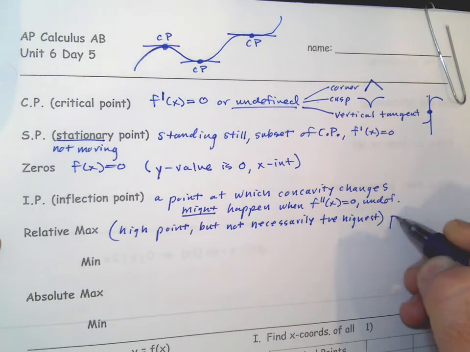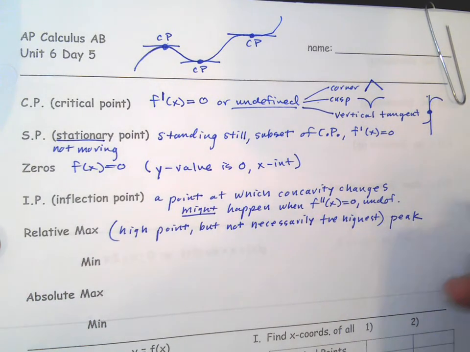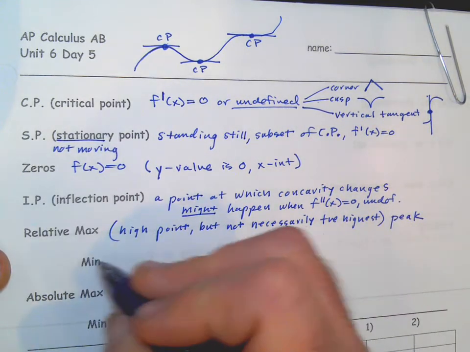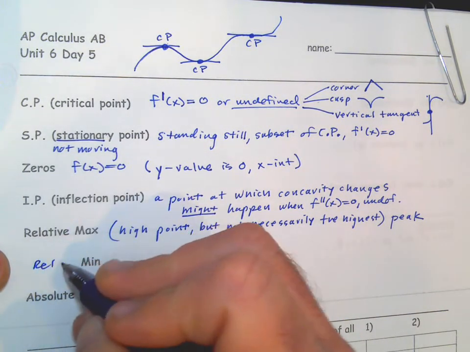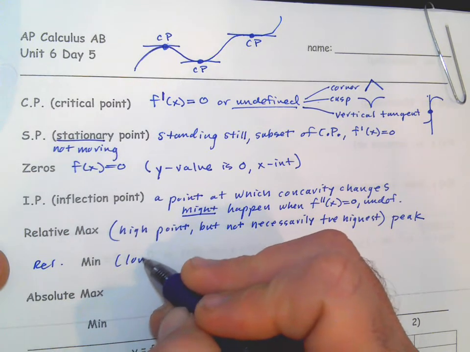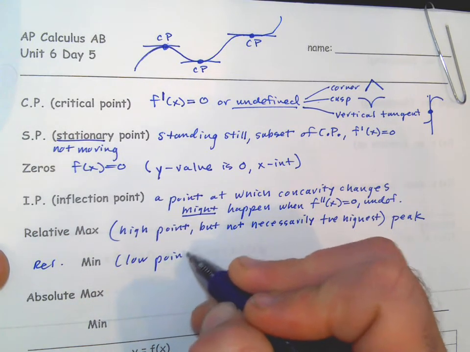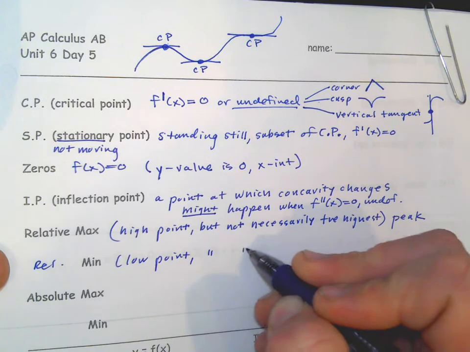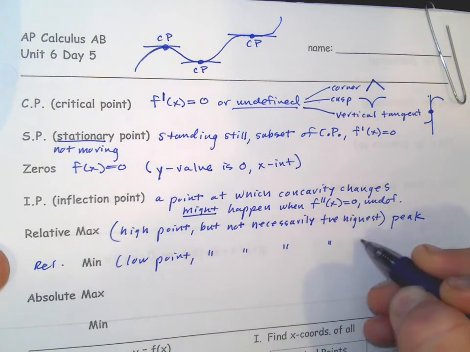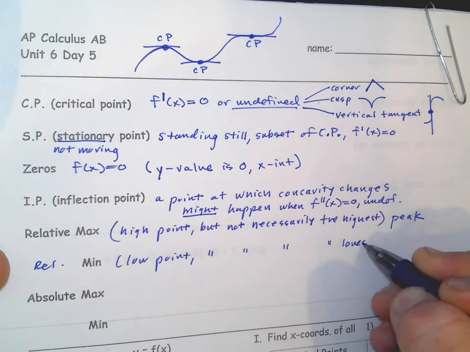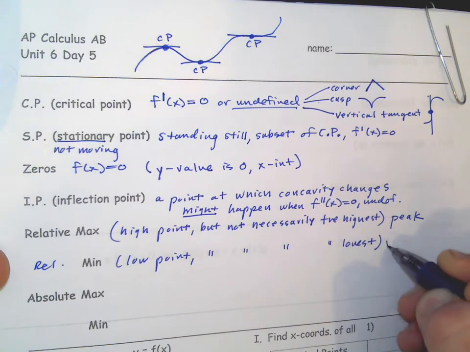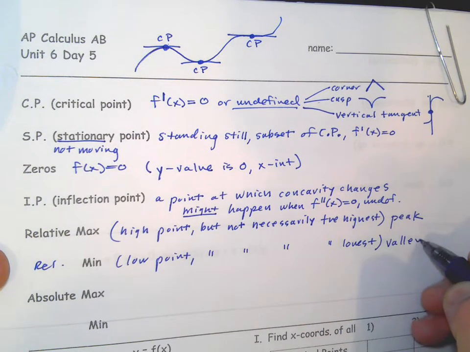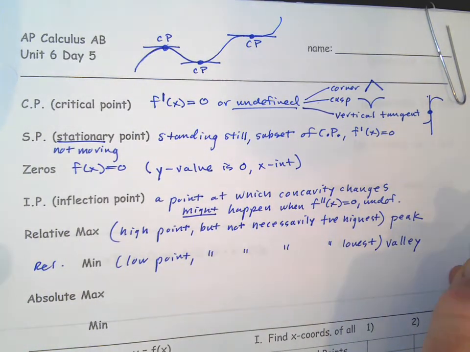A lot of times I like to refer to it as a peak, sort of like a high point. A relative min is a low point, but not necessarily the lowest. I like to use the term valley. It's not a very technical term.